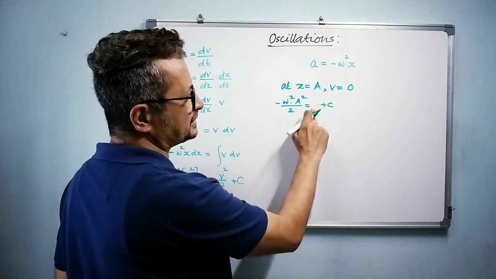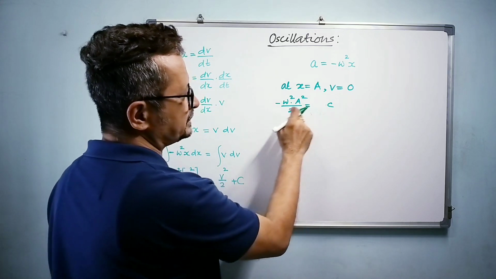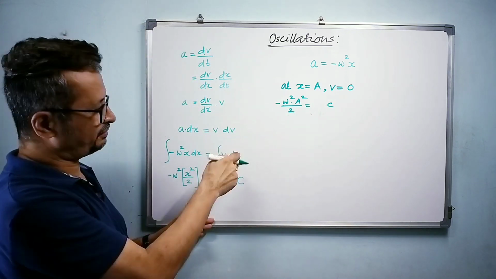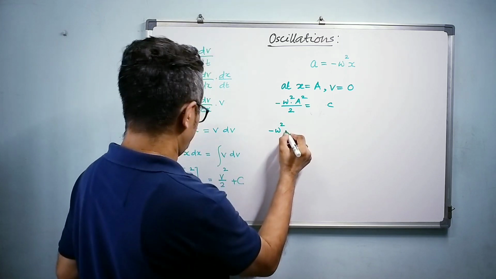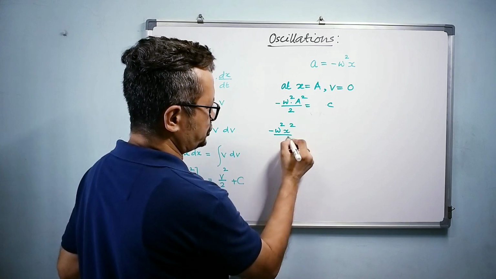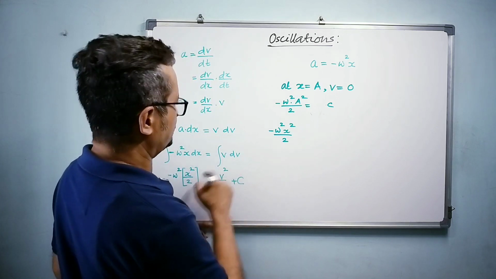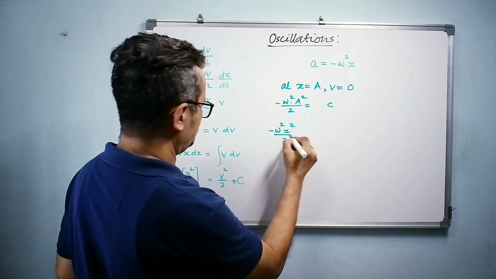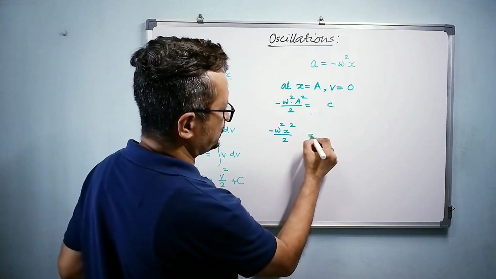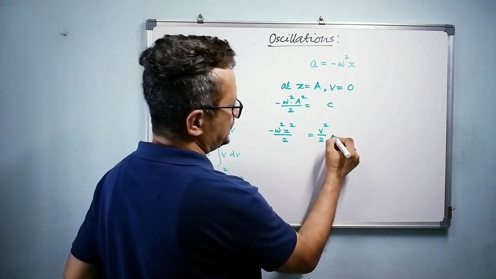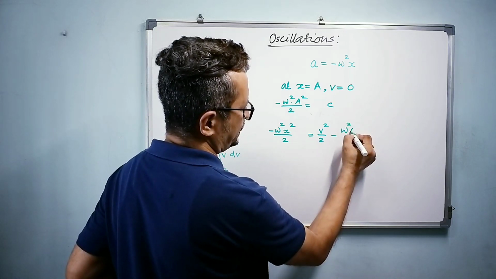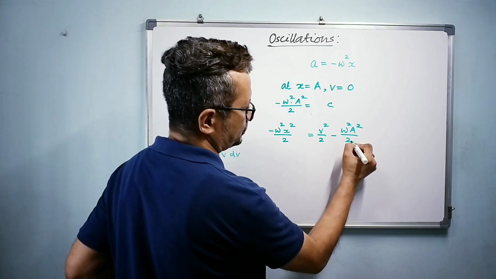So that means my c is equal to this, correct? So why not put that value of c over here? So minus omega square x square by 2 is equal to v square by 2 minus omega square a square by 2.